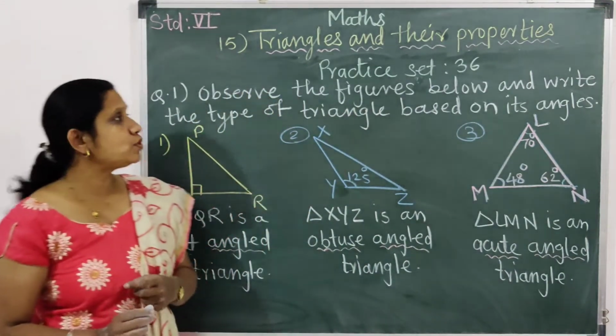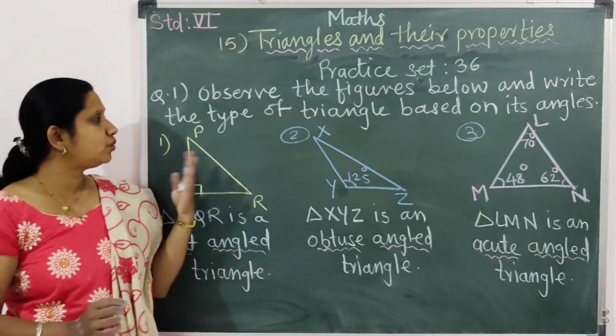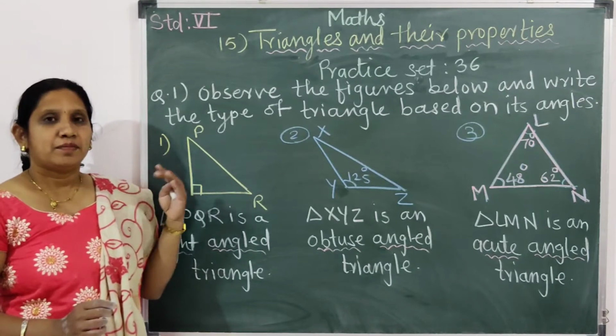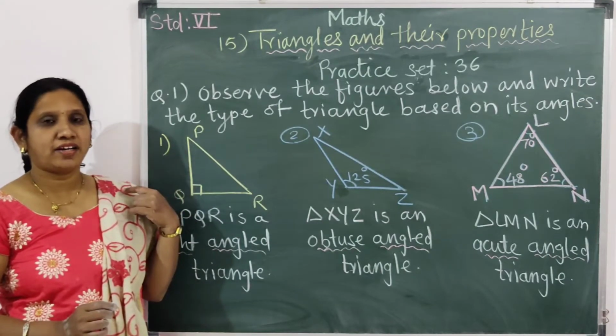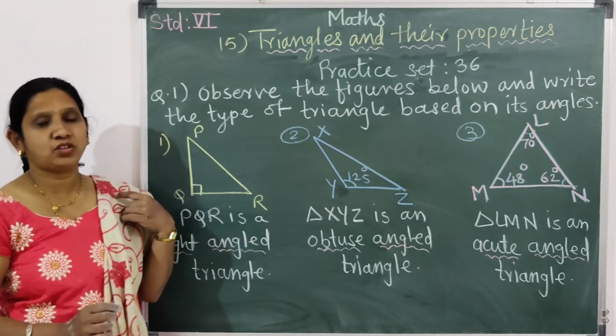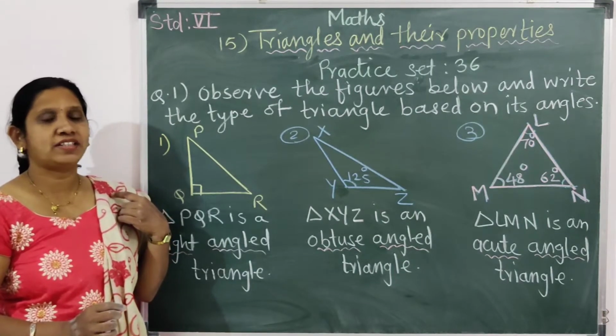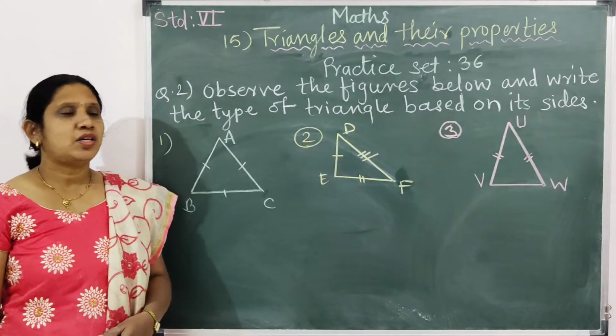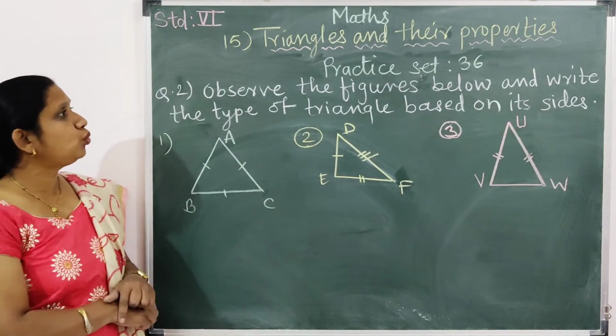Okay, so hope you all must have understood this question 1. It is very easy to write down the type of triangle based on its angles. Now we'll study question number 2.